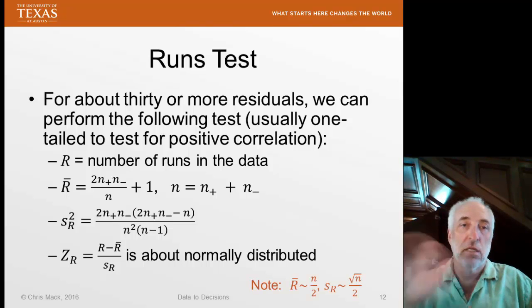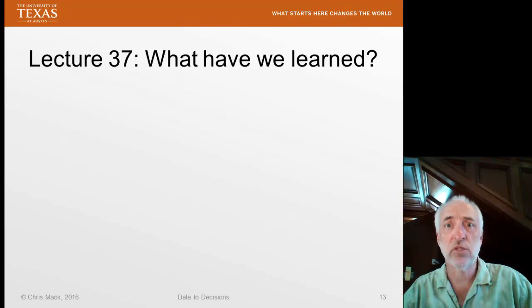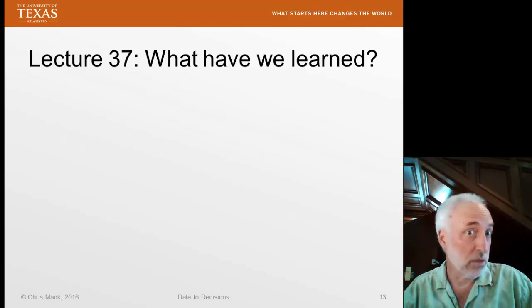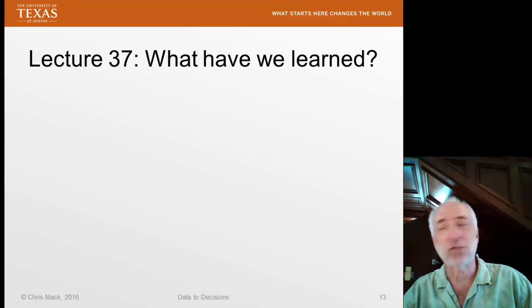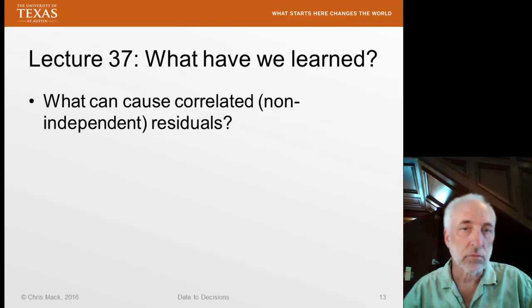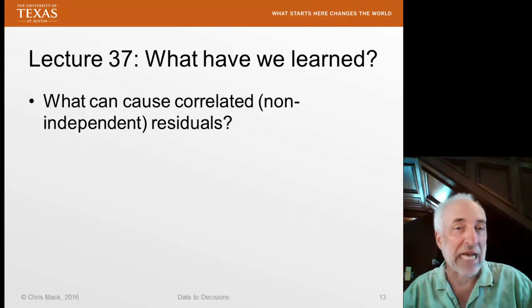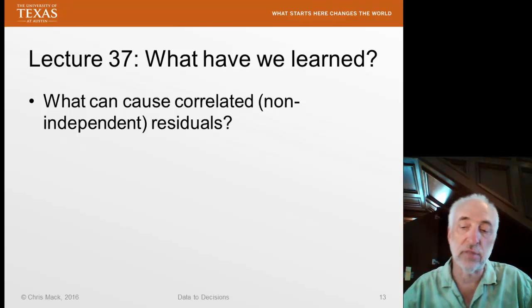All right. What have we learned in Lecture 37? We have more to discuss when it comes to autocorrelated residuals, but you should be able to quickly and easily answer each of these questions. If not, please go back and review the material. What can cause correlated residuals? That is, residuals that are not independent of each other.